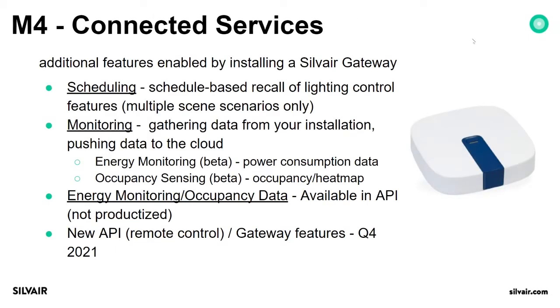Okay, this is exactly how the gateway looks. This gateway is provided by Rigato, based in the United States. Features which can be provided only through the gateway are monitoring, for gathering data from your installation and pushing data to the cloud, mostly energy monitoring and occupancy sensing.